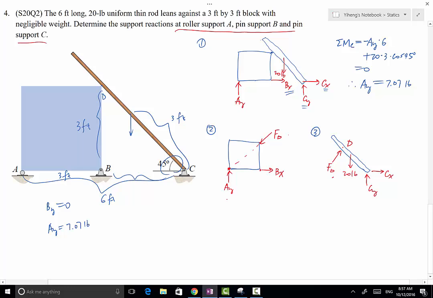From the same free body diagram 1, the resultant force along the y direction equals Ay, 7.07, minus 20 plus Cy equals 0. So from there, we can solve for Cy, which is 20 minus 7.07, so 12.9 pounds.